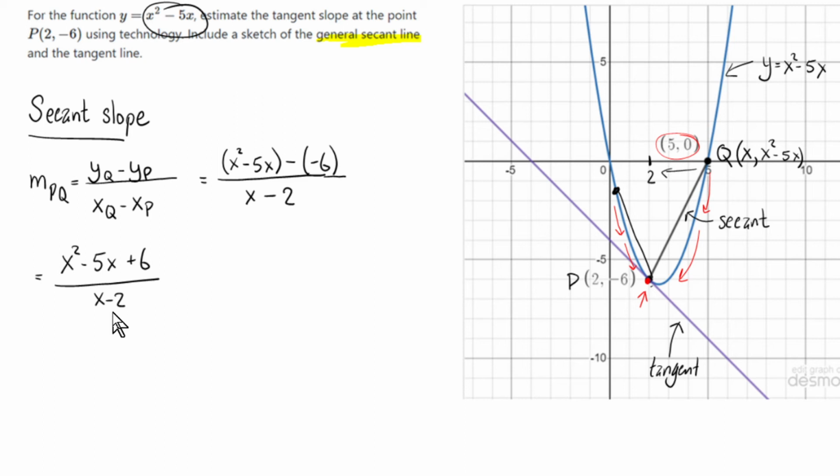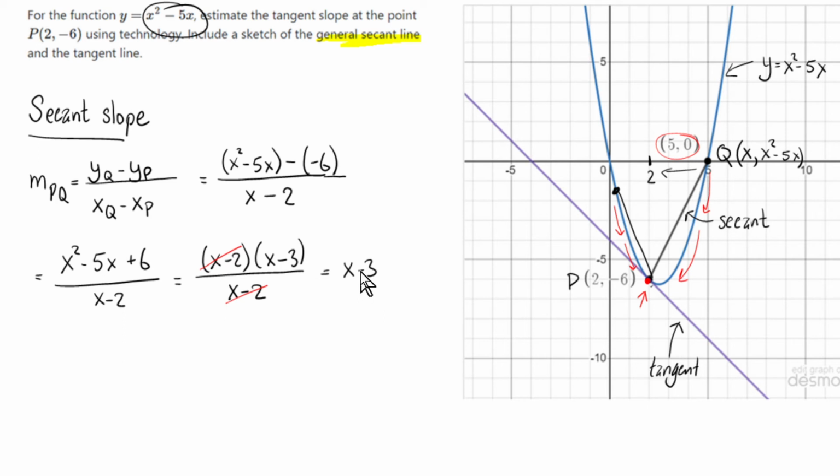And if we look at the numerator now, we have a trinomial that can be factored. It can be factored into x minus 2 and x minus 3. -2 times -3 is +6. -2 plus -3 is -5. The denominator is just x minus 2. We can now cancel the x minus 2 binomial, and we're now left with x minus 3.